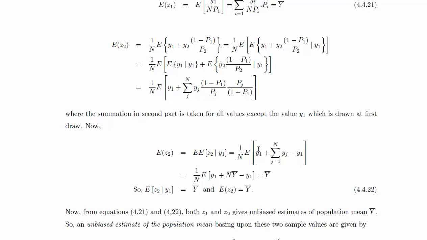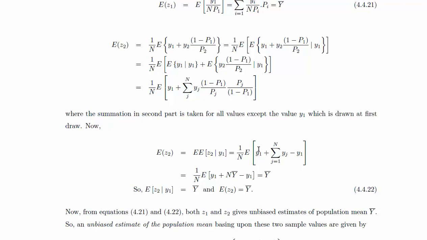Here, for the first case, Z1 is y1 by np1, and the expectation of Z2 also equals y bar. So if you take the expectation of Z1 plus Z2 by 2, that is also equal to y bar. That means here also the sample mean is an unbiased estimate of the population mean.